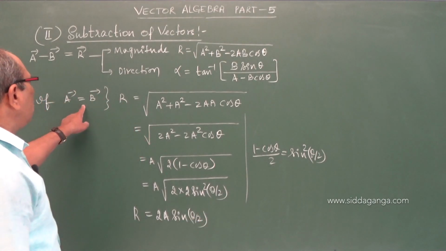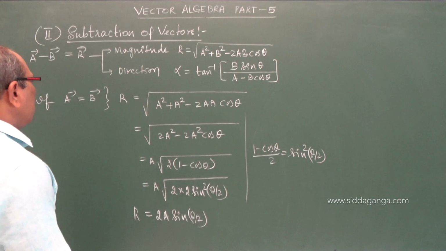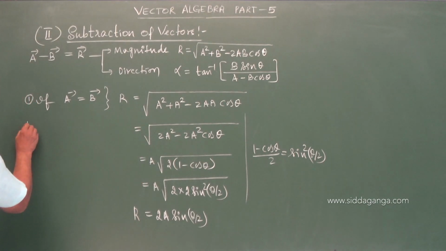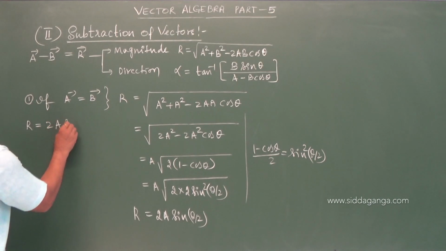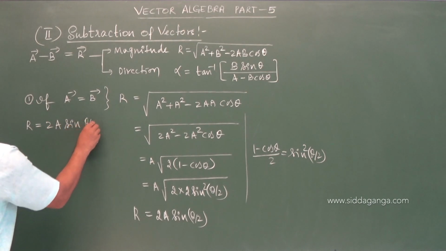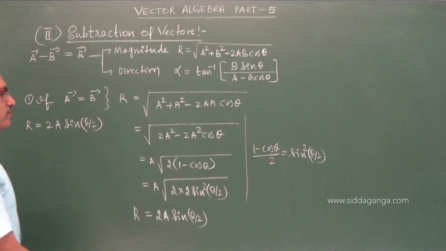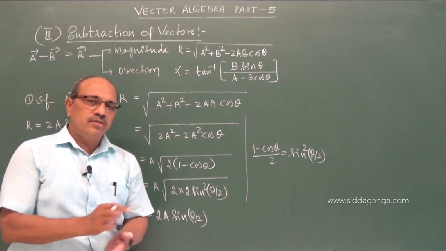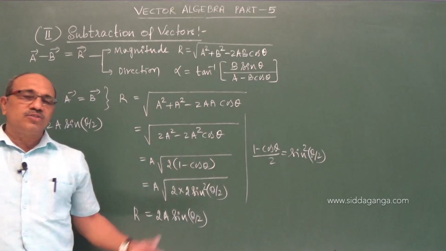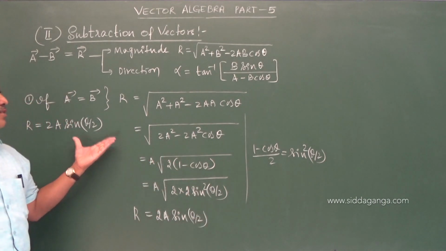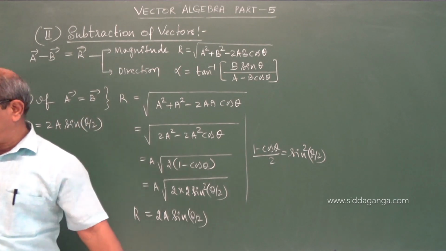Now if a equal to b, the value of the resultant becomes 2a sin theta by 2. This is most important. Similarly we can discuss the angle, but only the magnitude is more than enough in these cases to understand the subtraction.